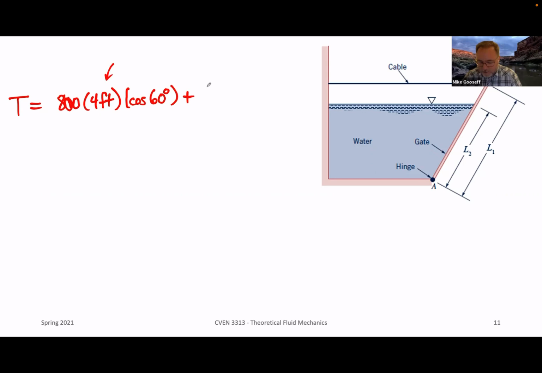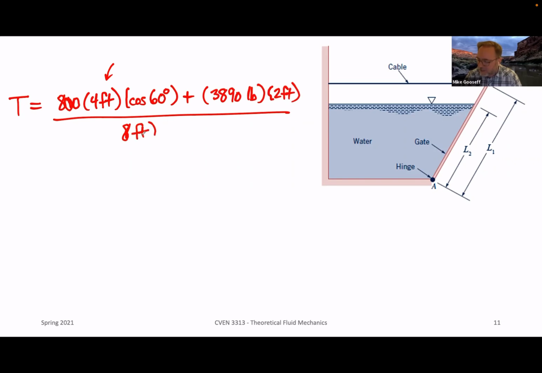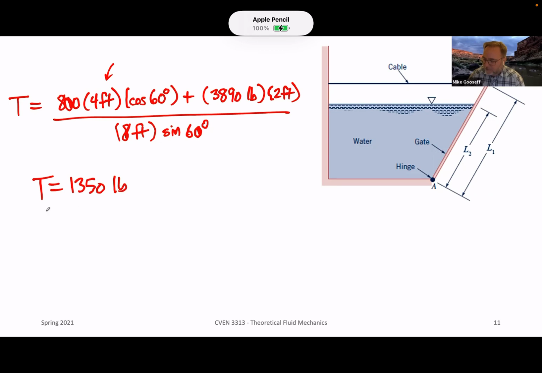Plus the resultant force here, 3890 pounds times 2 feet, which is where it's acting. That's little l, and we divide by the 8 foot length and the sine of 60, which allows us to work in the right direction for T, and T comes out to be 1,350 pounds.